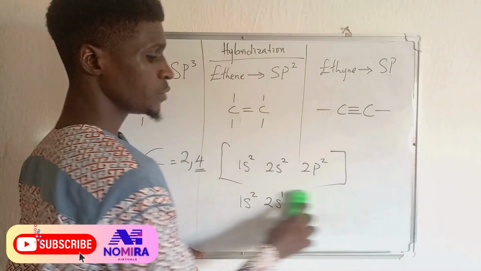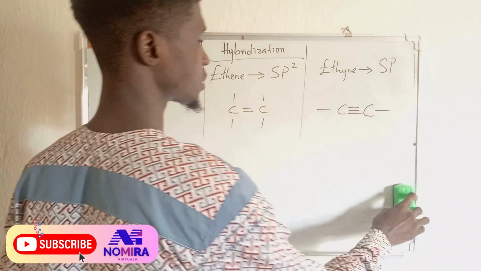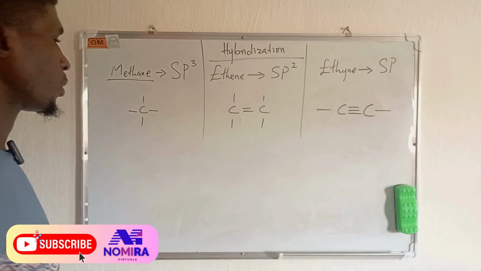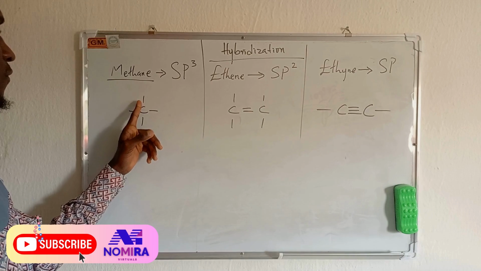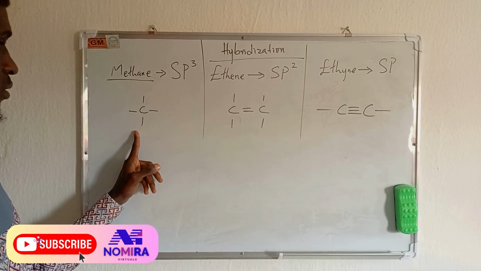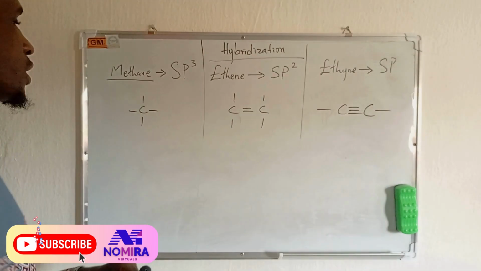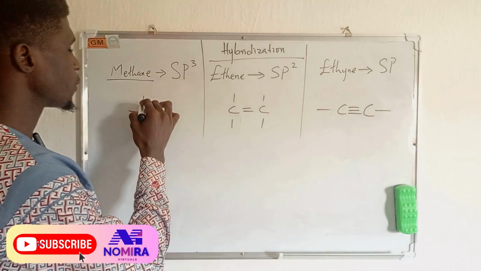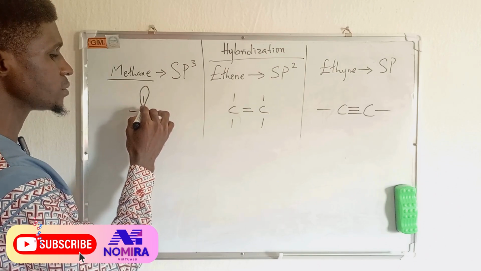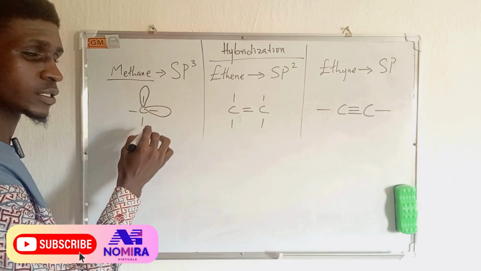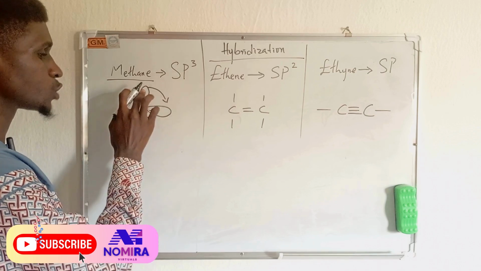So right now, let me show you how they hybridize using the examples I have written on the board. For the SP3, you are looking at 4 bonds that are attached to this central carbon. Now it means that for this particular orbital to actually meet this other one, there is an attracting force that will keep on pushing this to this.